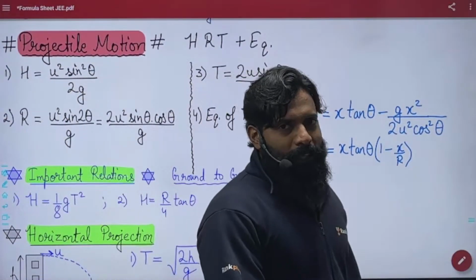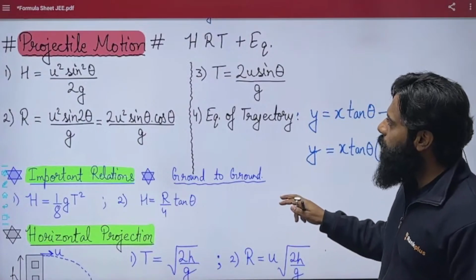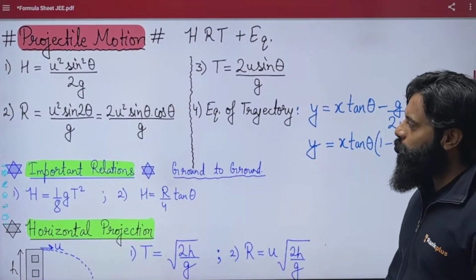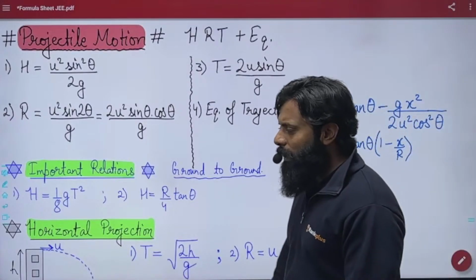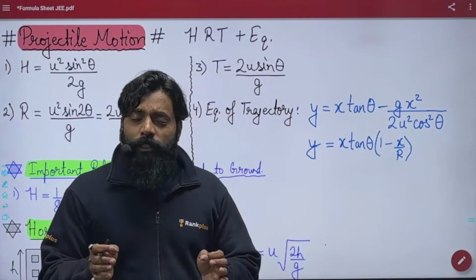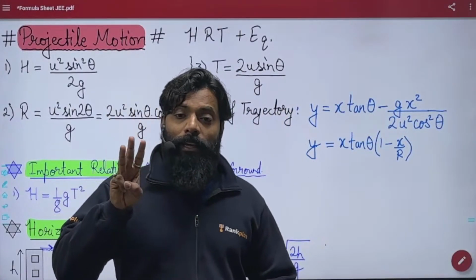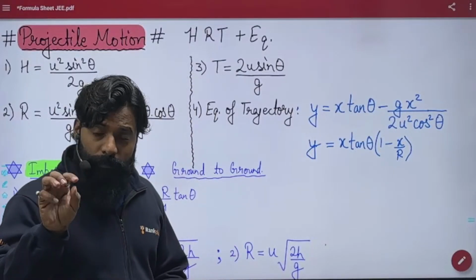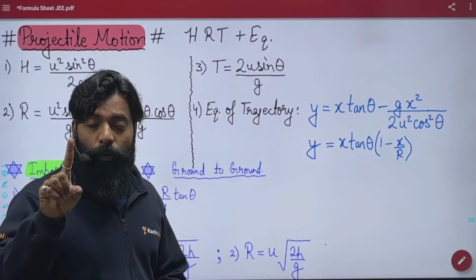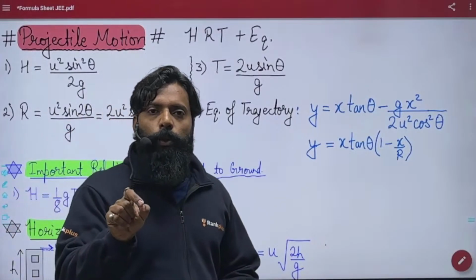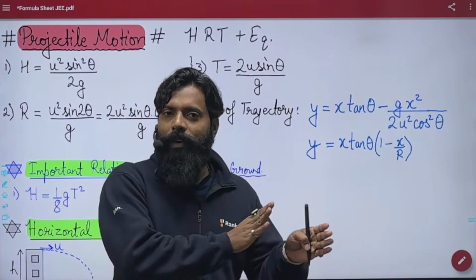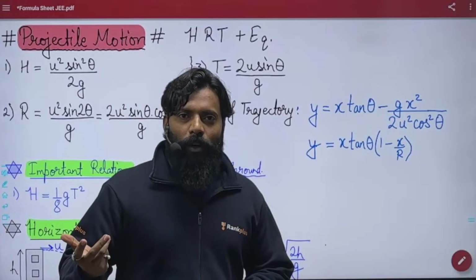Many students ask me, sir, we find that projectile motion is a very huge topic. And I told them that projectile motion is nothing. In projectile motion, you have to do only three things. You have to remember the formulas for height, range, and time, plus you must know the equation of trajectory and some basic concepts of kinematics.